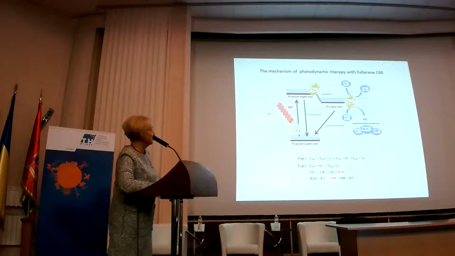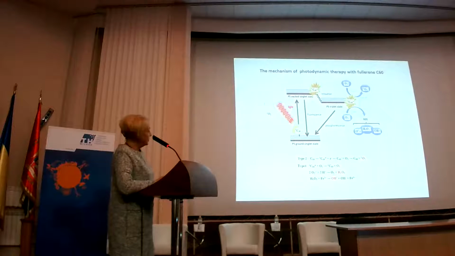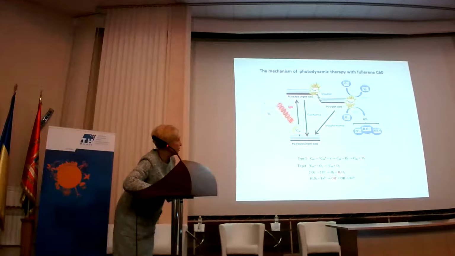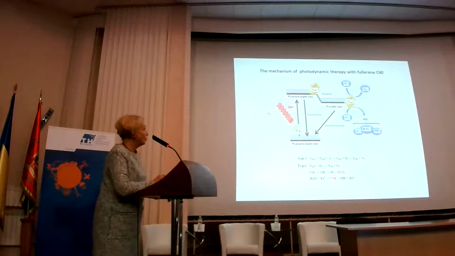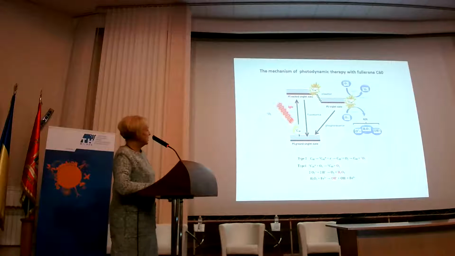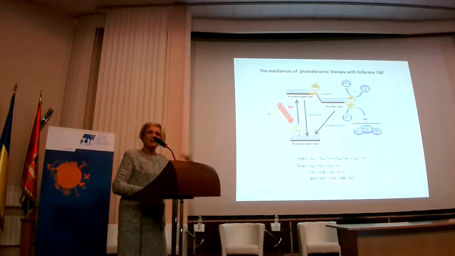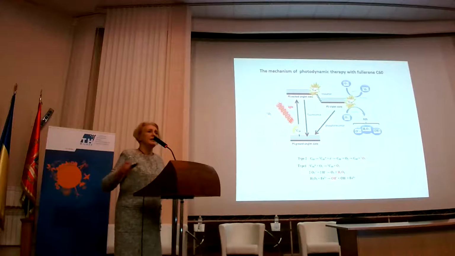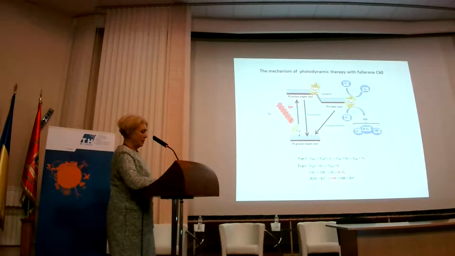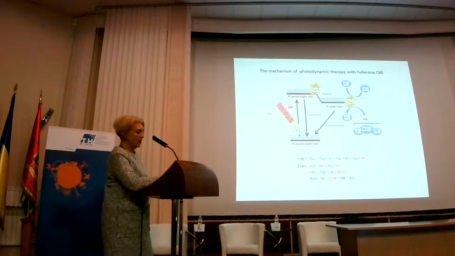For example, hydroxyl. The most toxic of them is the hydroxyl radical. Its lifetime is rather long, and it easily penetrates cell membranes, and it can easily diffuse through the tissue among the cells.